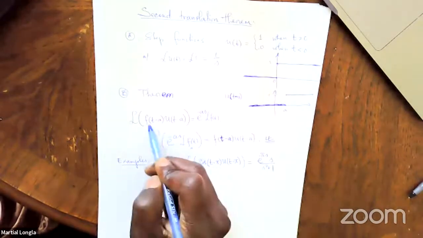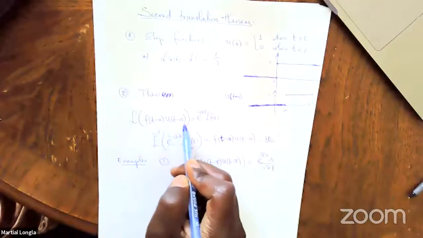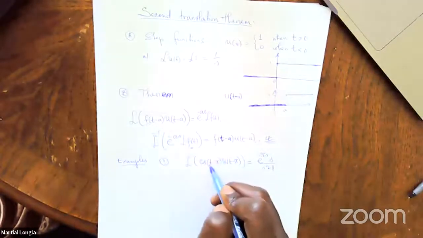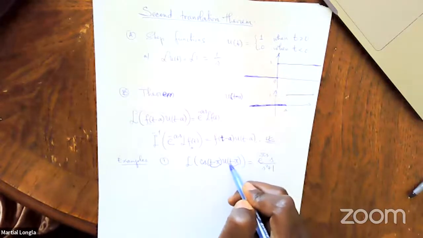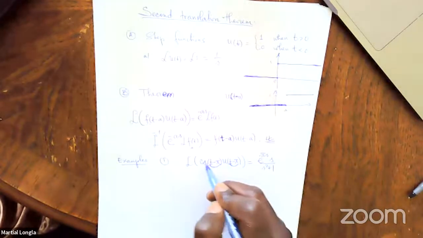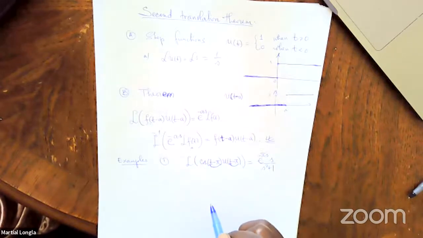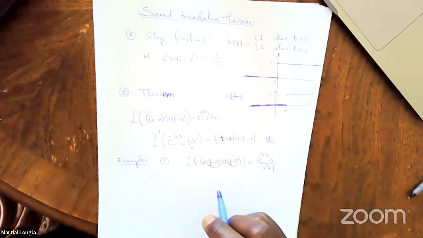The formula says f of t minus a, u of t minus a. So this is all t minus a. And so f of t is cosine t. And therefore, the coefficient is 1. Right? I was just making sure. Thank you.